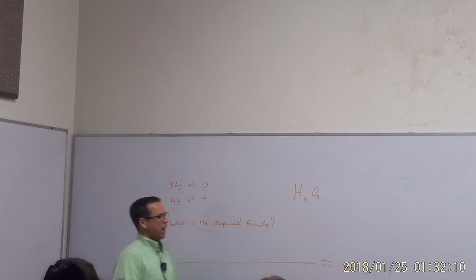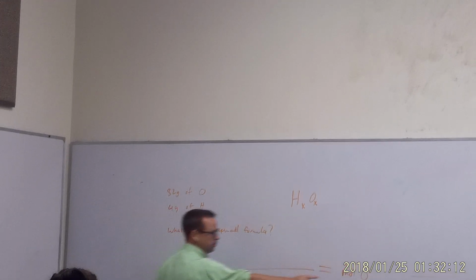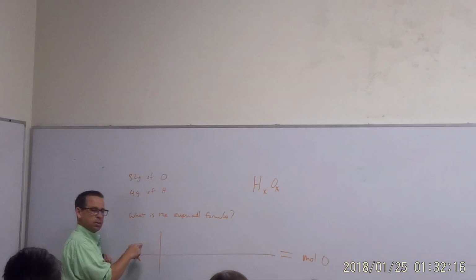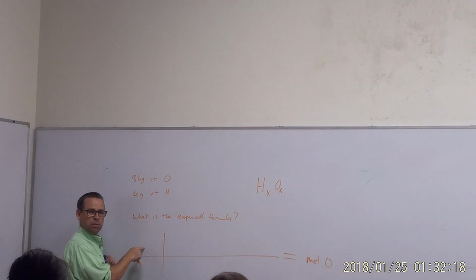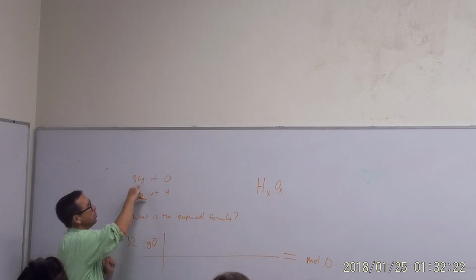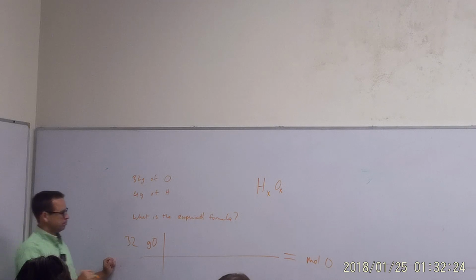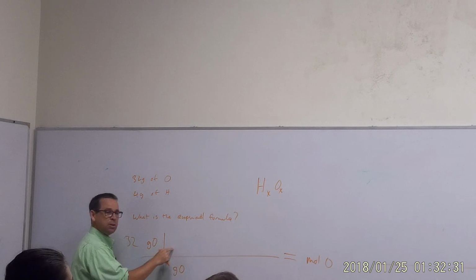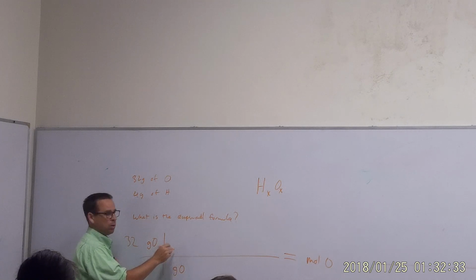Okay. Now, moles of oxygen. Up here, what would I start with then? Grams of oxygen, 32 grams of oxygen. And then down here, I'd have to have grams of oxygen. Up here, where am I trying to go?